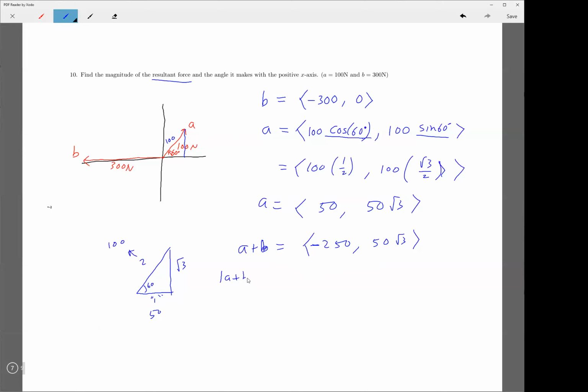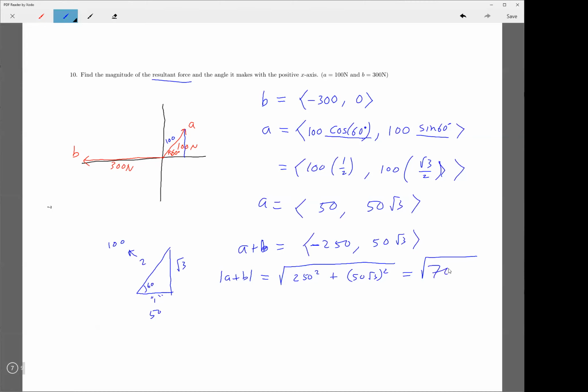Okay, so what's the magnitude, first of all? The magnitude is the square root of both of them squared. Let's see, 250 squared? That's a big number. Whoa, that's 70,000.